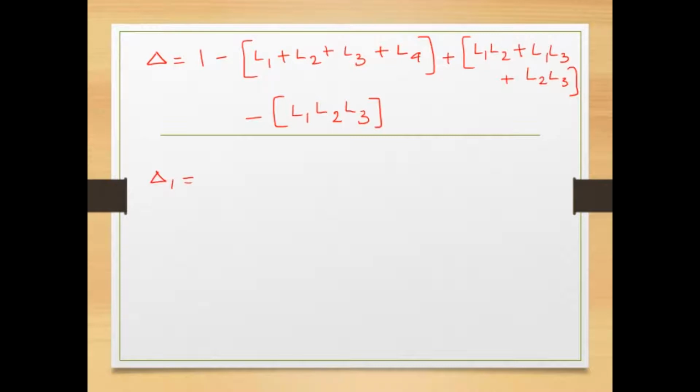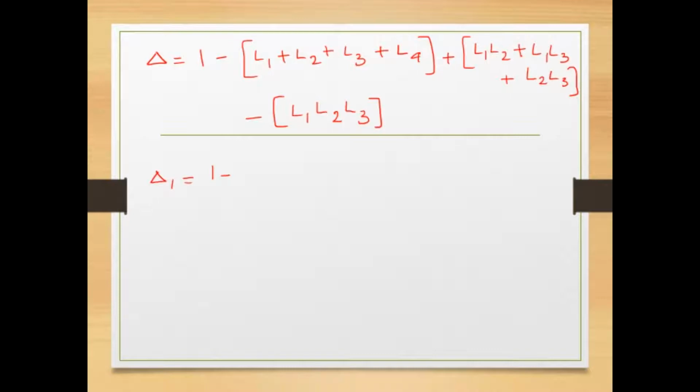So we write delta 1 is equal to 1 minus, see, L1, L2 and L4. If you see, all those loops have a node which is common to the first forward path.